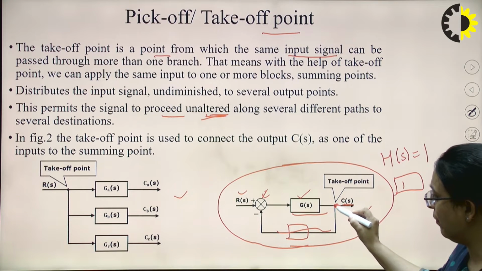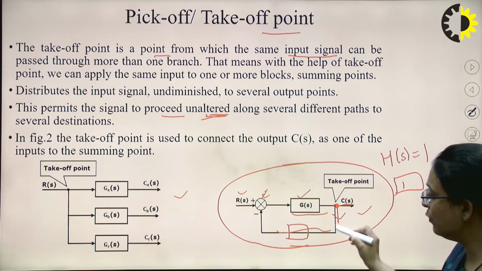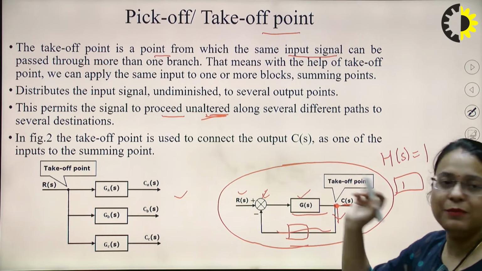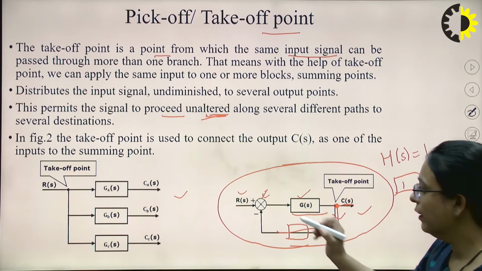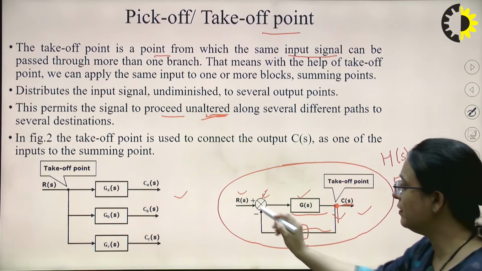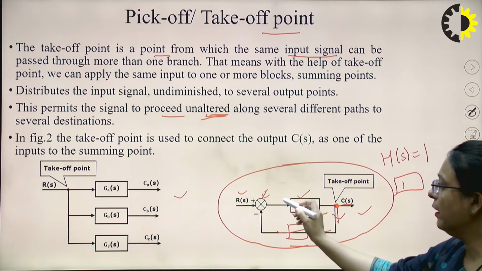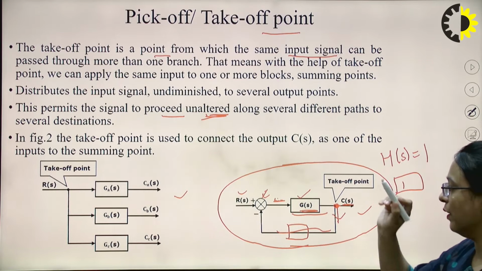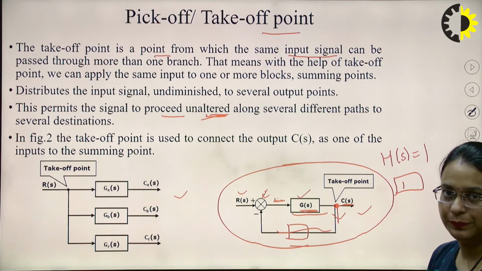Here you can see this takeoff point means a part of the output C(s) is fed back through this feedback signal to the summation point. Then at the summation point, R(s) is compared with this C(s) and a signal will be generated here, which gets multiplied with this transfer function and will give the output.